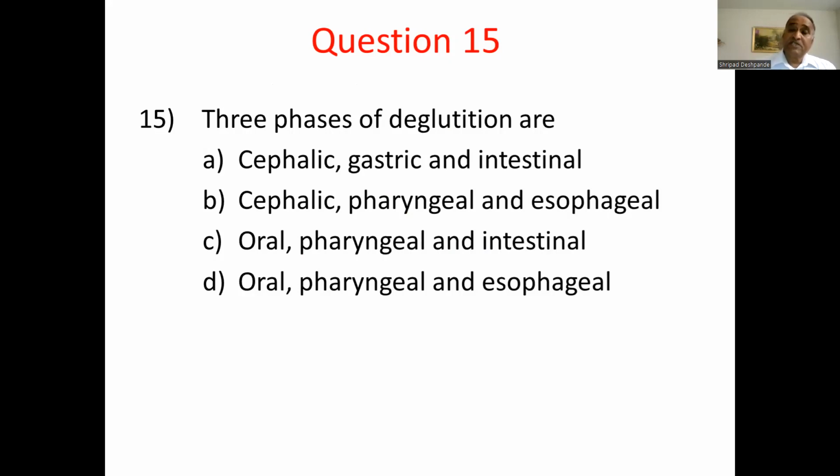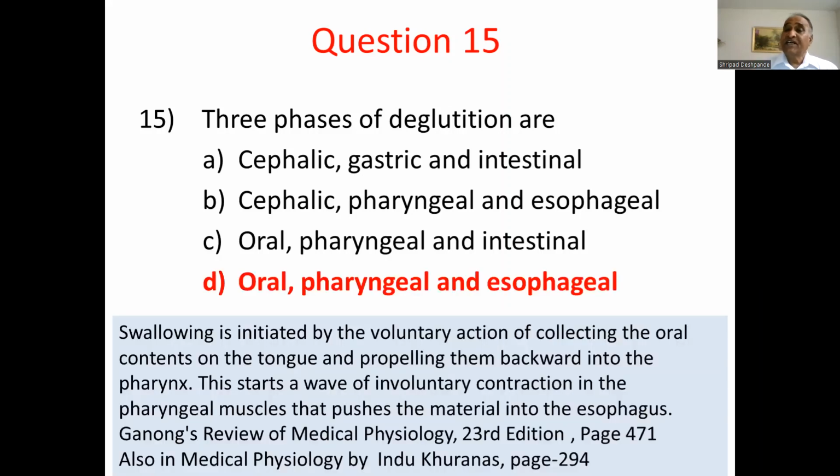The correct response: it starts in the mouth, that is the oral phase. Then the pharynx takes over. Then the peristaltic waves generate in the esophagus. So the correct response to this question is D, oral, pharyngeal, and esophageal. You can find this in Ganong's review, also in Guyton.